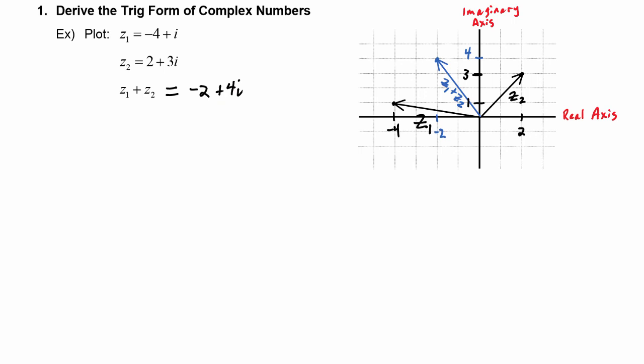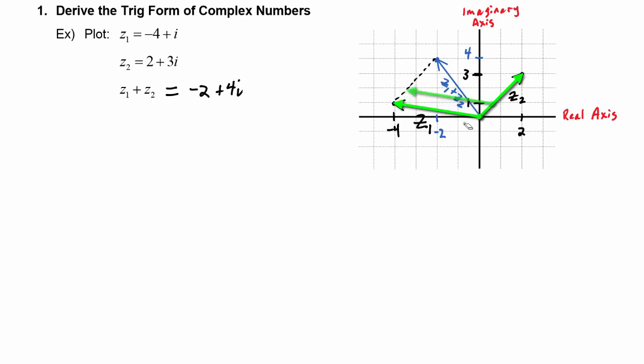Now also think about it this way. If we were to draw the parallelogram from the two initial vectors, opposite side z2, we would have to draw a side that is parallel and equal in length, and that would be this side over here.